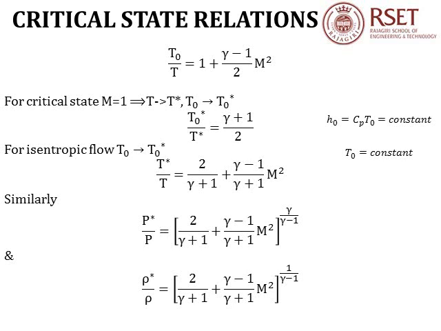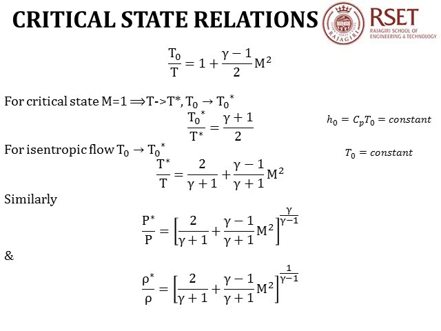If the static state corresponds to the critical state, then Mach number M becomes equal to 1 and T can be represented as T star. If we substitute M equal to 1 and replace T by T star in the first equation, we arrive at our second equation, that is T0 divided by T star is equal to (gamma plus 1) divided by 2.